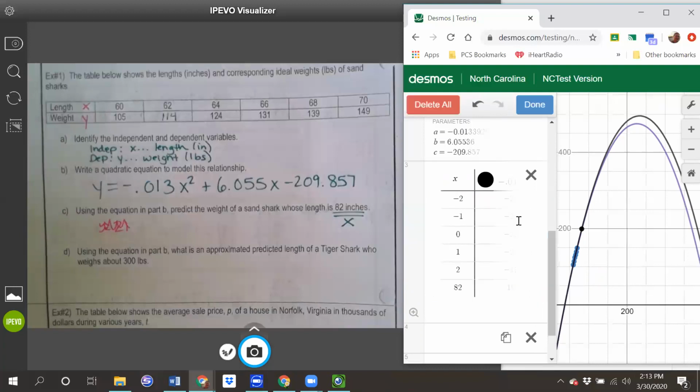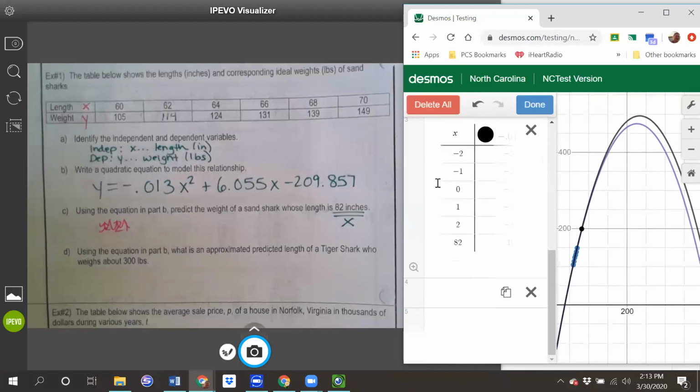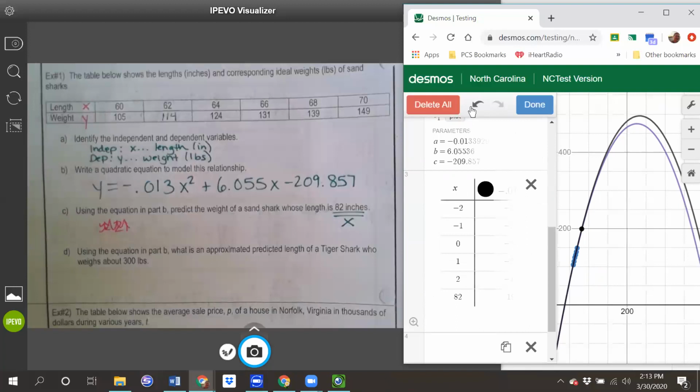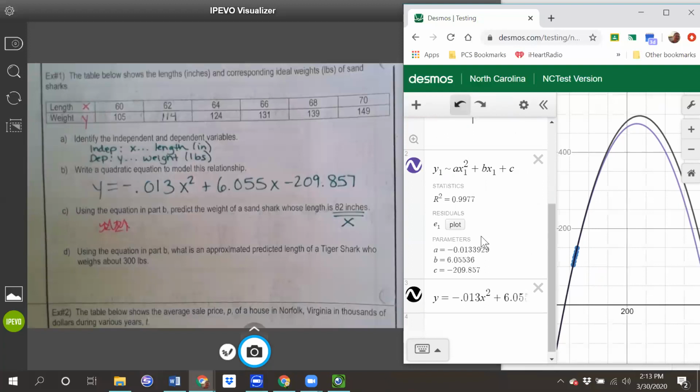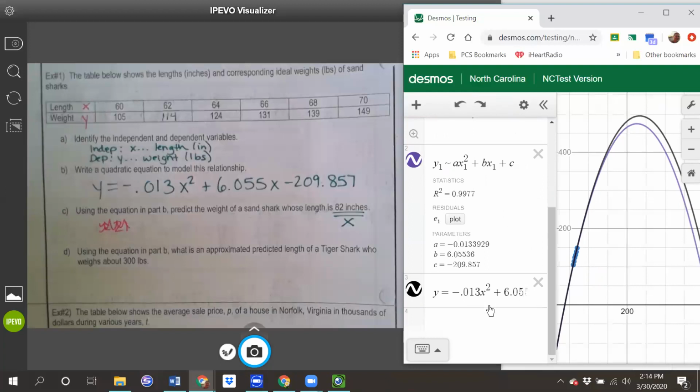How do I get it back to a function? Okay, so I just have to back myself out. I want to make sure that I typed this correctly: negative 0.013x squared, positive 6.055x minus 209.87.